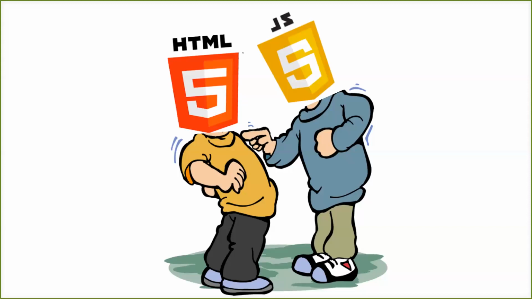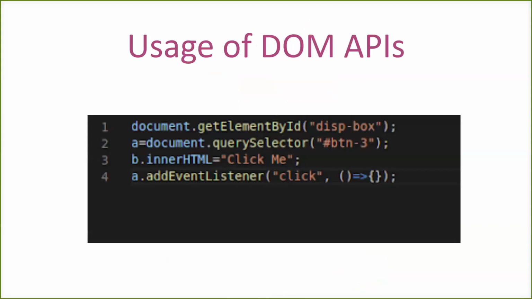As I mentioned, JavaScript is responsible for the behavior and dynamicity of your content. So anything that is to be changed in your markup just depends on JavaScript. How JavaScript achieves that task is using something called the DOM APIs. I hope most of you must be familiar with these.